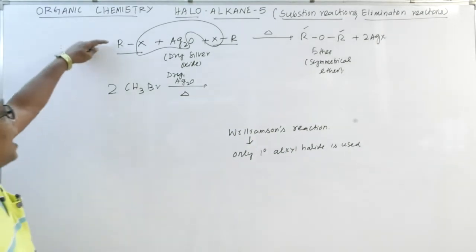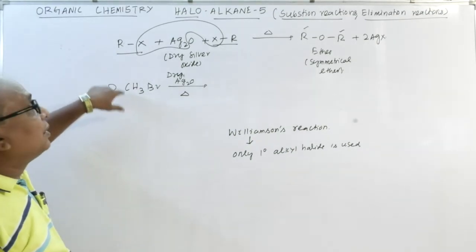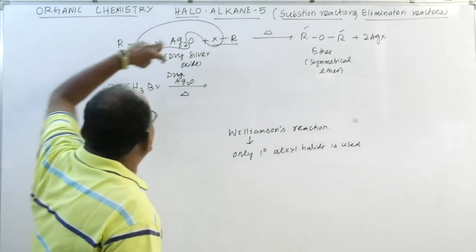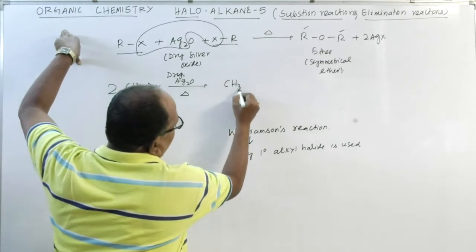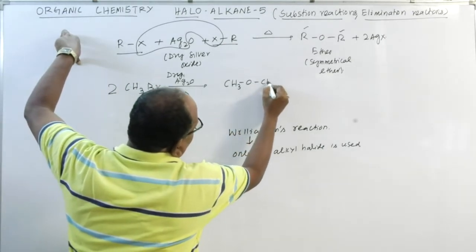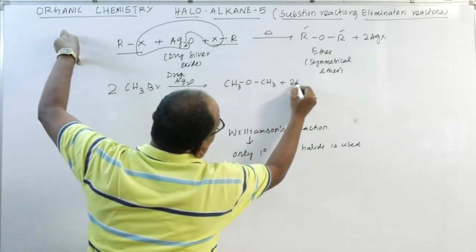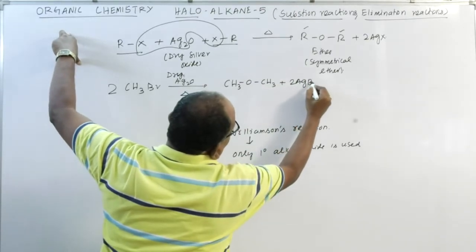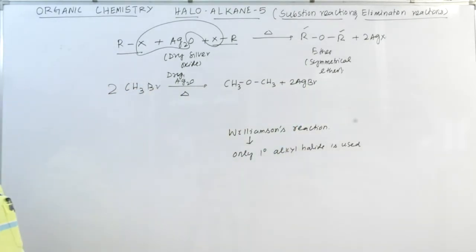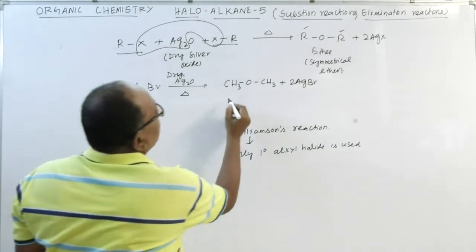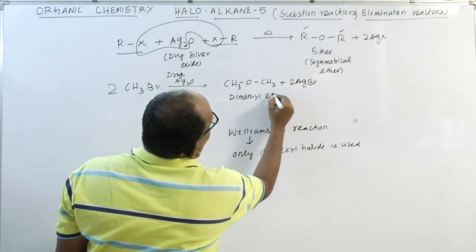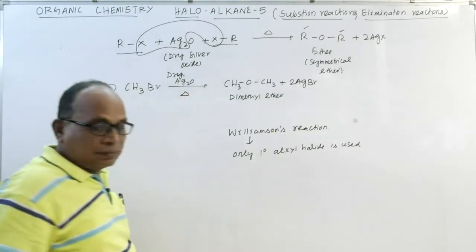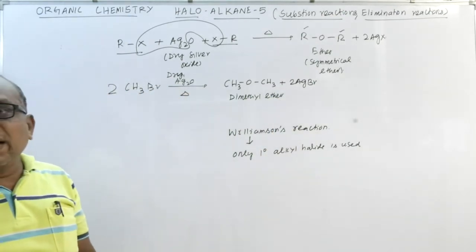The R is here, CH3. This one molecule, this another molecule, you get 2 molecules. So it gives you CH3-O-CH3 plus 2 Ag. And this one is dimethyl ether.